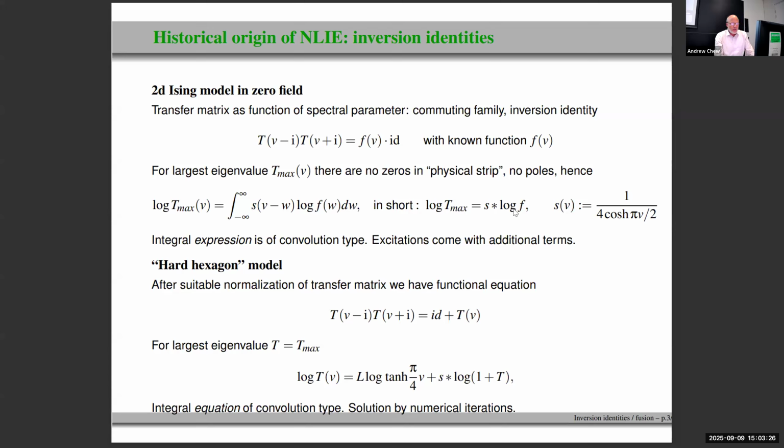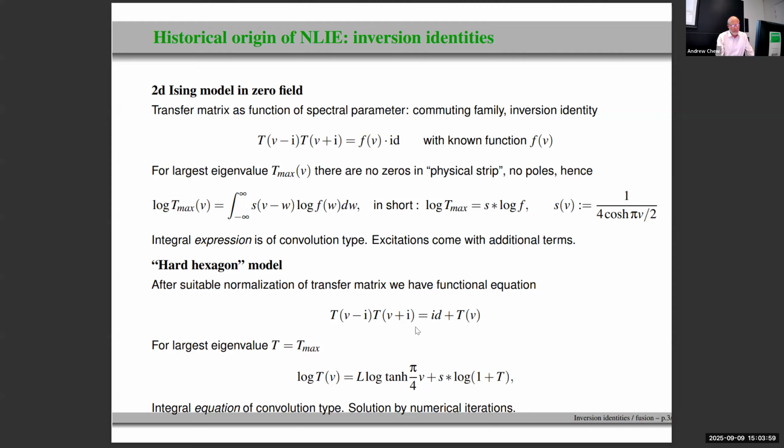For the excitations, there appear additional terms on the right-hand side. In the hard hexagon model case, I'm presenting here a simplified version of the equations. After suitable normalization of the transfer matrix, we have some functional equation like before: T times T with differently shifted spectral parameters is something like identity plus something unknown, but it's the same object that appeared on the left-hand side.